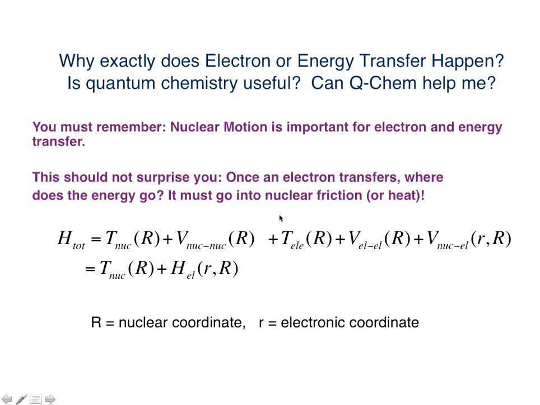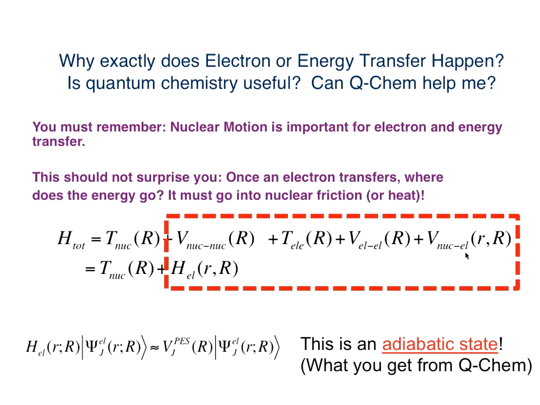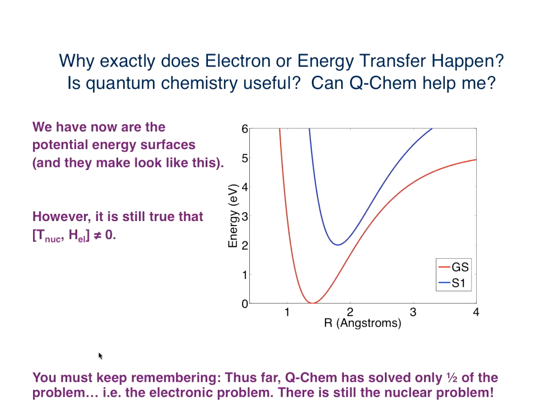If we write all of this together, and we take these last four terms and group them into the so-called electronic Hamiltonian, then what we get is that this whole structure here is what we actually are diagonalizing in Q-Chem, or trying to diagonalize. It itself is a very hard problem. The solution just to this part itself would be a full CI problem, and of course we can never really do full CI. We have the best approximations we can get. These are called adiabatic states in the context of what Q-Chem is giving us.